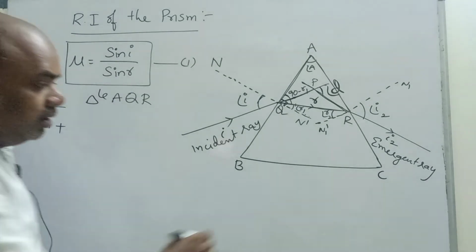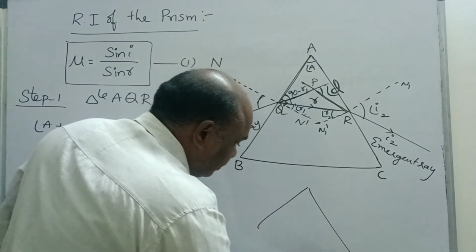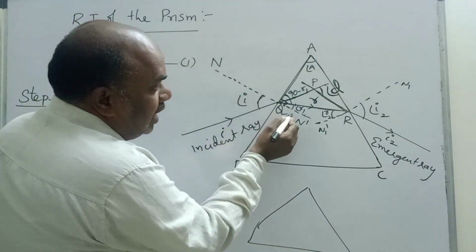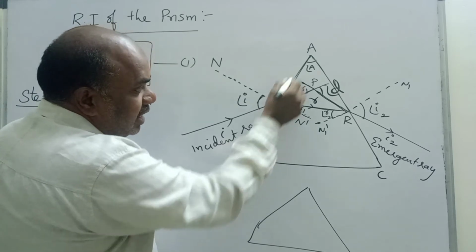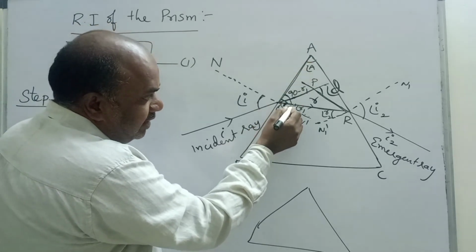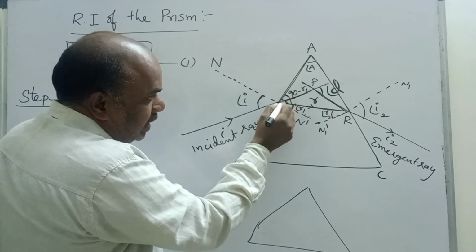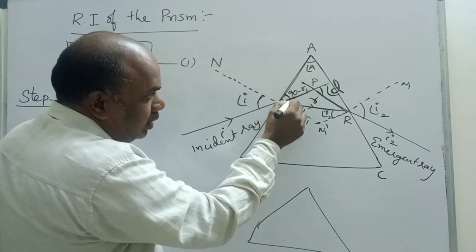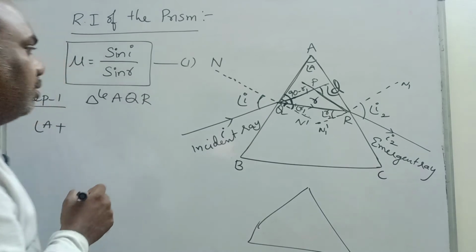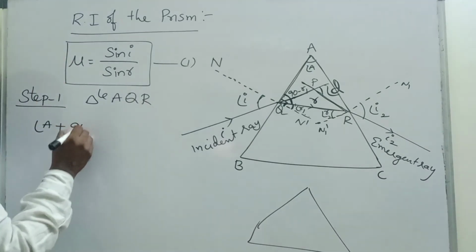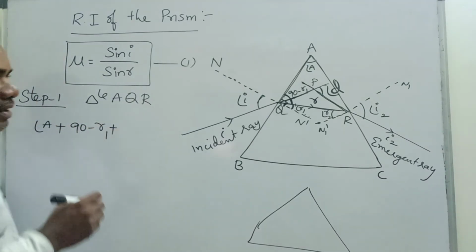Once again, children, observe carefully. This normal is making a 90 degree angle with AB, so this R1 is extra. So I want only this angle, 90 minus R1. So A plus 90 minus R1 plus this angle.